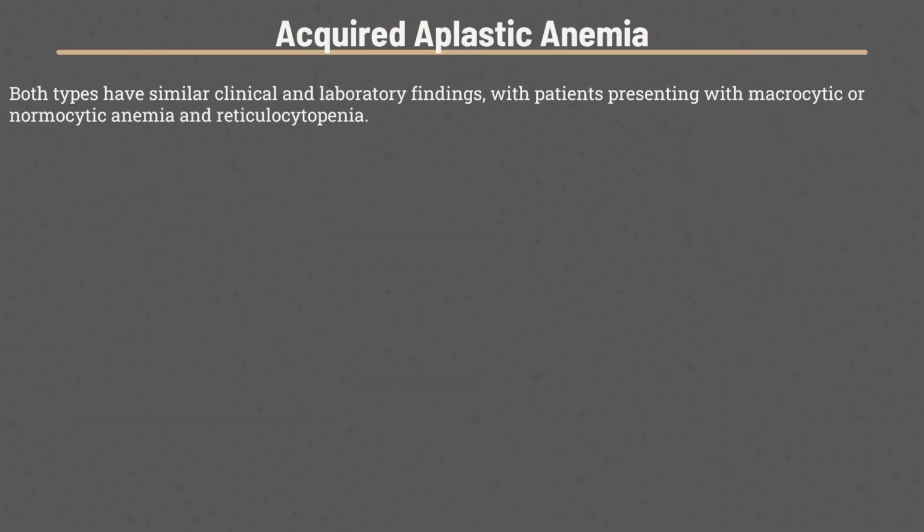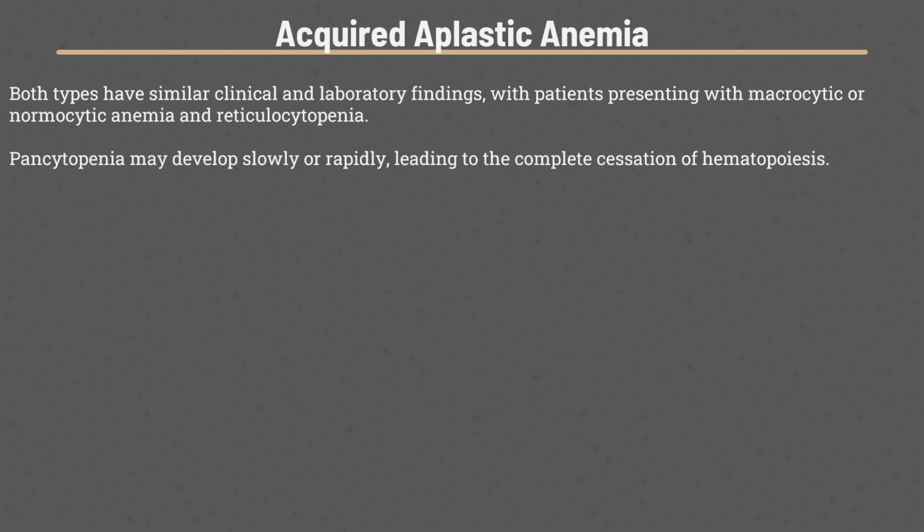Both types have similar clinical and laboratory findings, with patients presenting with macrocytic or normocytic anemia and reticulocytopenia. Pancytopenia may develop slowly or rapidly, leading to the complete cessation of hematopoiesis.